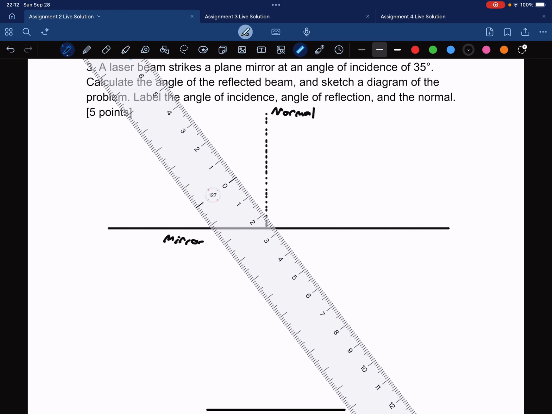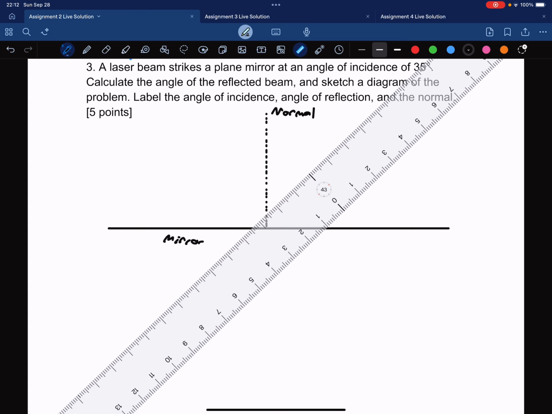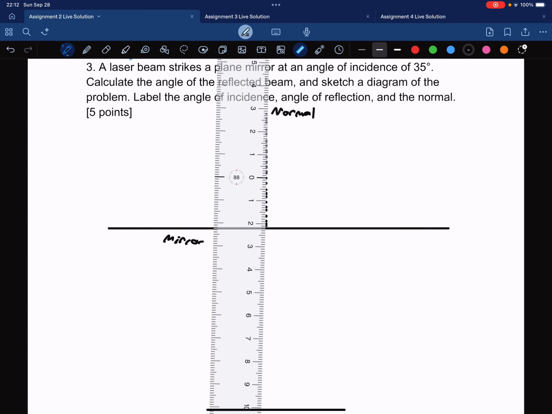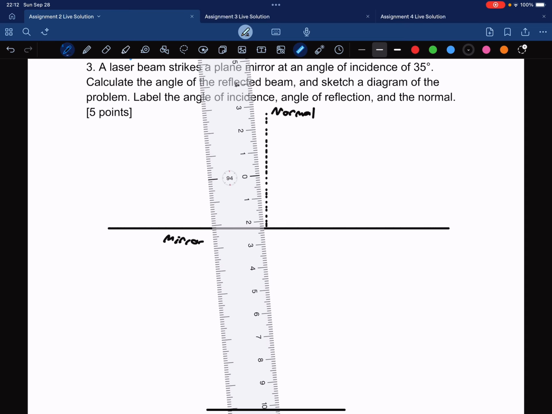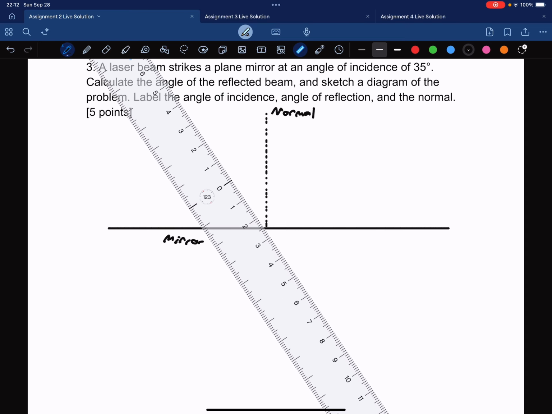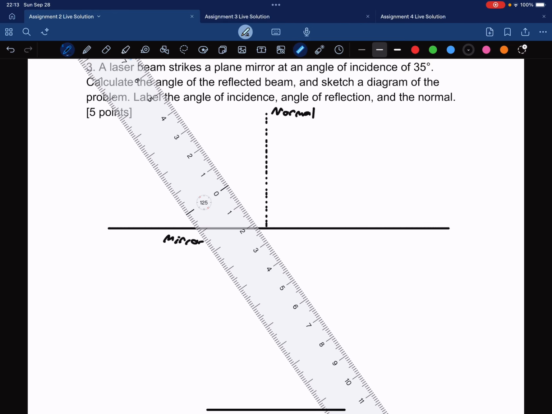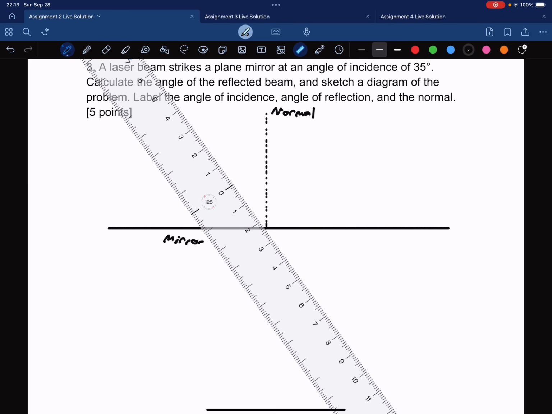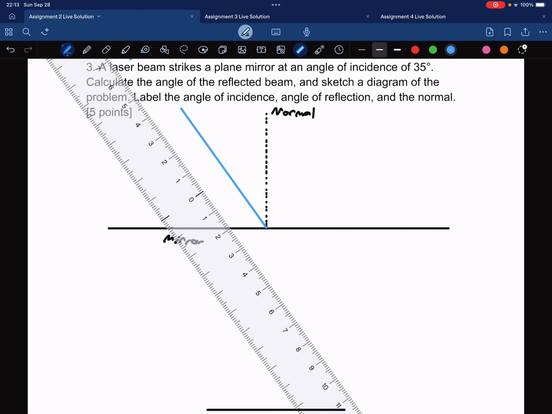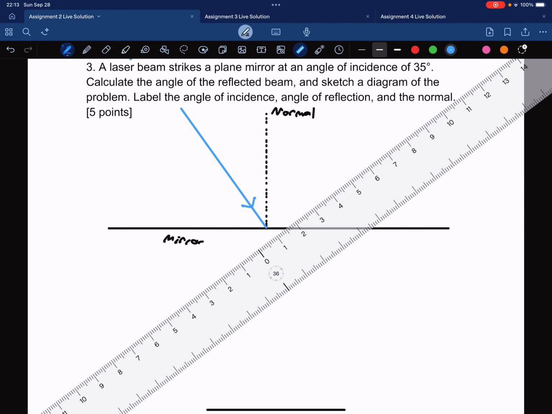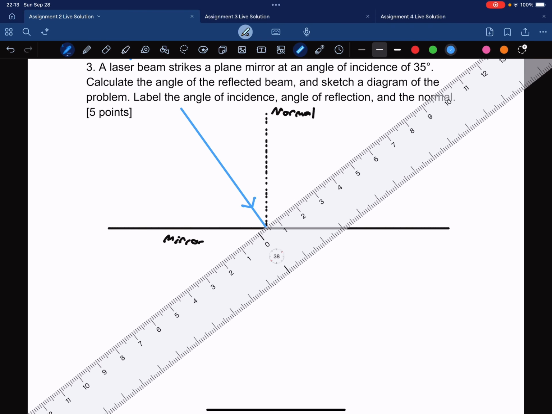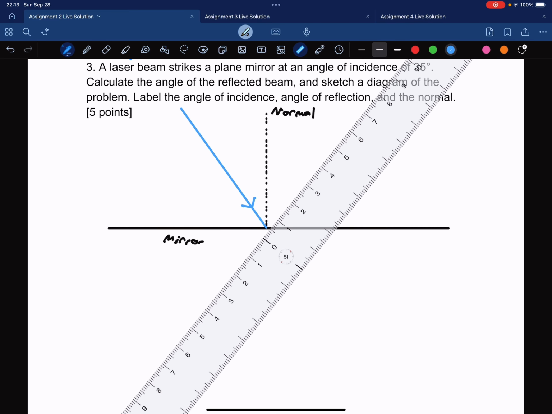And I said 35, and it's measured from 90, so that will be 125 here. And my incident light ray coming in, and that will be 55 coming out.